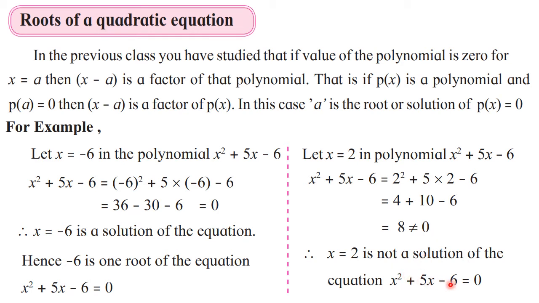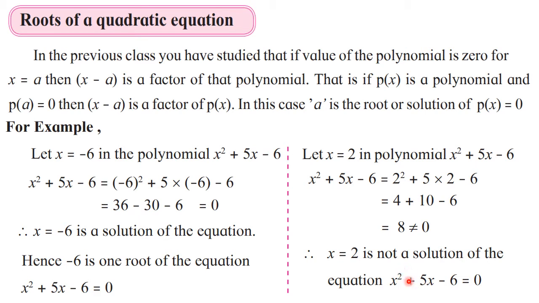Now if I ask you the question, how many maximum roots can this equation have? That means a quadratic equation can have a maximum of how many roots? Okay, so the answer is 2. Always keep in mind, in the algebraic expression you have to observe the degree when you want to find its solution or its root. If it is a linear equation in one variable, you are going to have only one root.